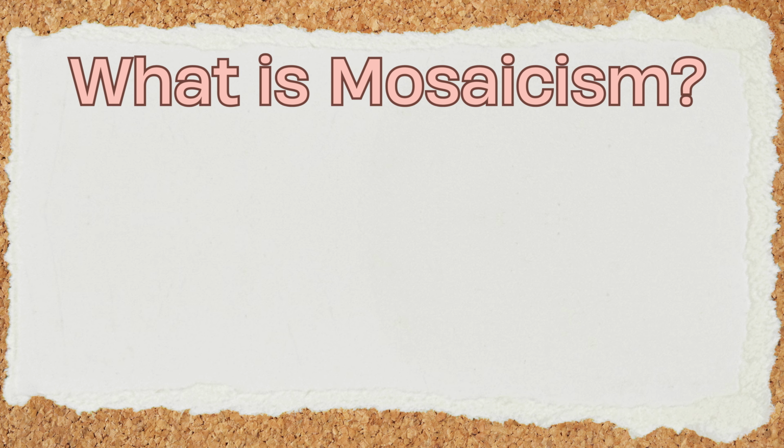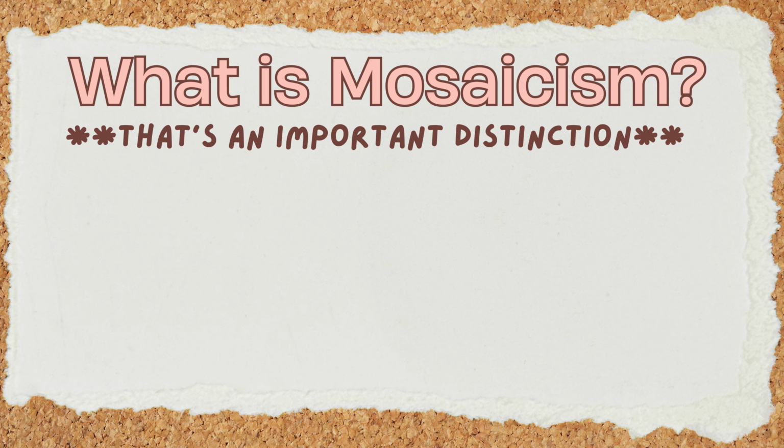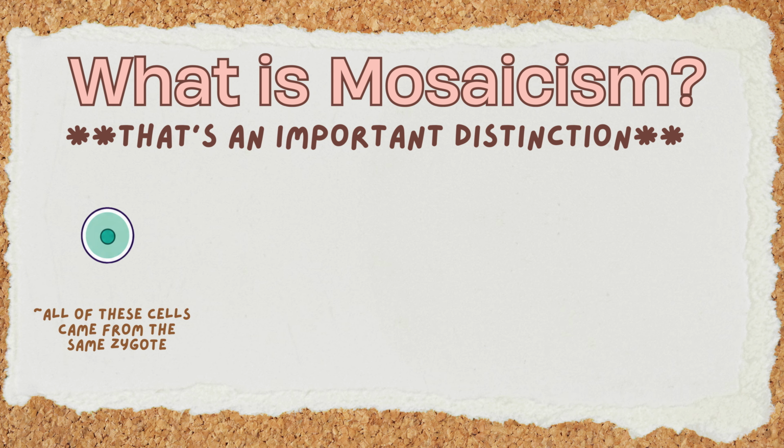Today I'm doing a review of mosaicism. Mosaicism occurs when an individual has two or more genetically distinct cell populations that originated from the same fertilized egg. That's an important distinction. Because all of these cells came from the same zygote, they all started with the exact same DNA.